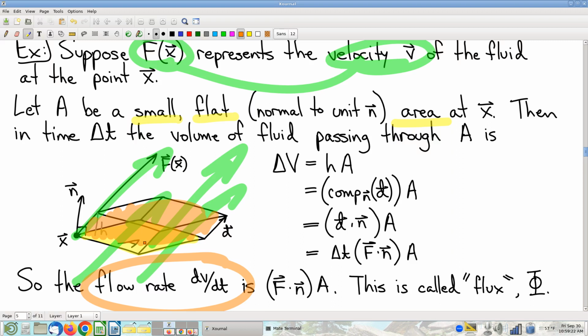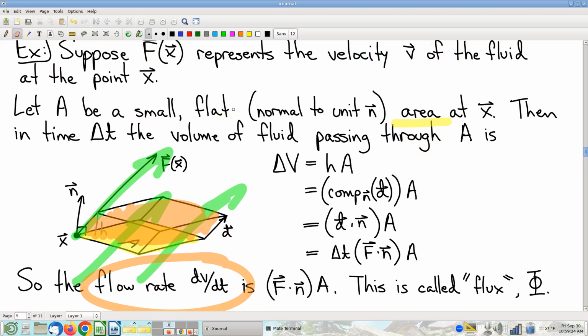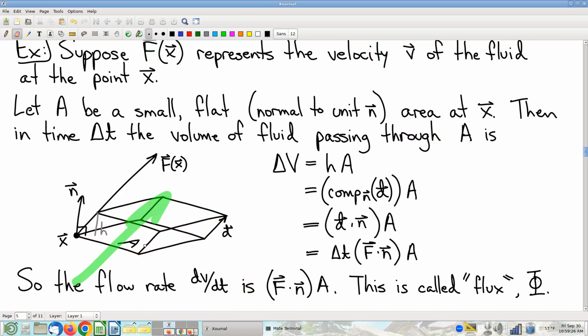All right. So the way we're going to answer this question is a very brute force calculation. In some amount of time, delta t, we'll deal with what that is in a minute, but in some amount of time, delta t, here's the fluid that has flowed through my area. There it is. There's a picture of it. I need to know, first of all, how much volume of fluid is that?